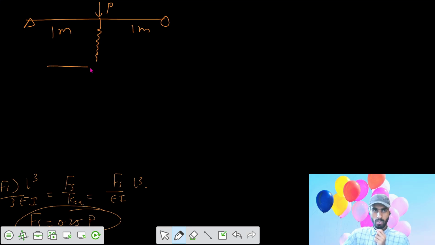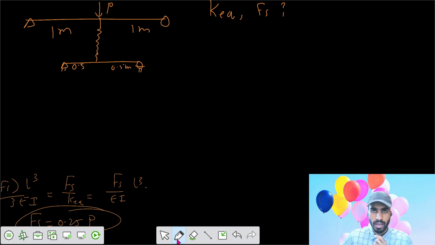Then you have one more beam of total length 1 meter, such that this is 0.5 meter and this is 0.5 meter. You need to get the value of K equivalent and the value of the force in the spring.